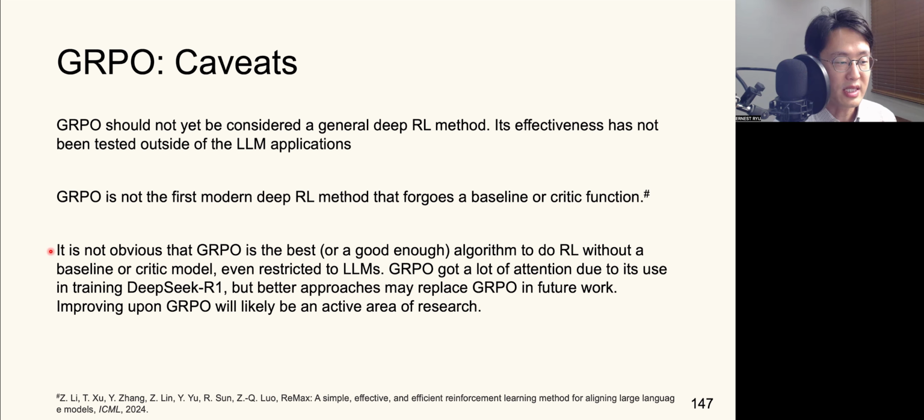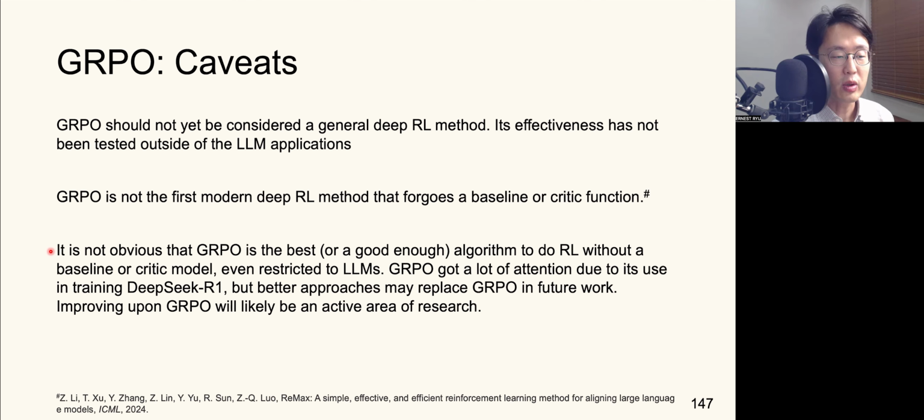I'll also point out that it's not obvious that GRPO is the best or even a good enough algorithm to do reinforcement learning without a baseline or a critic model, even when you restrict things to LLMs. GRPO got a lot of attention due to its use in training the DeepSeek R1 model, which did get a lot of attention for good reasons. But other approaches may replace GRPO in future work.